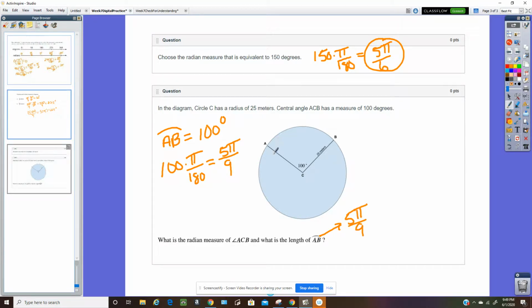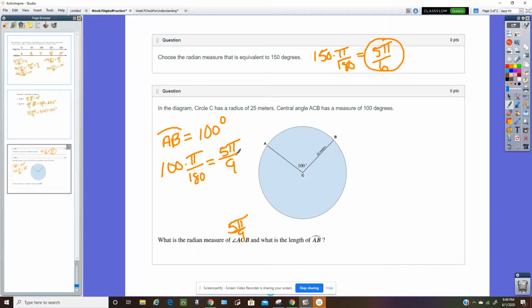And then that's not the length of that. Sorry about that. Angle ACB is 5 pi over 9.